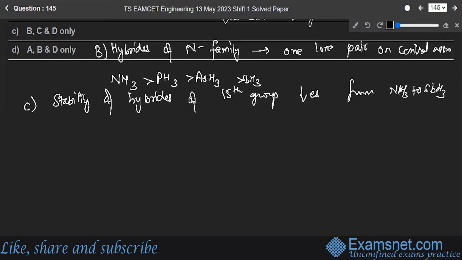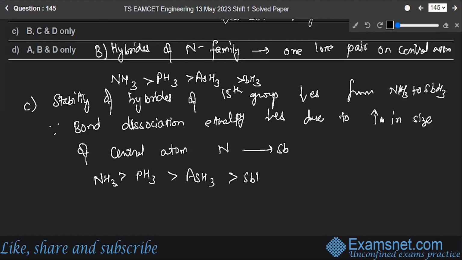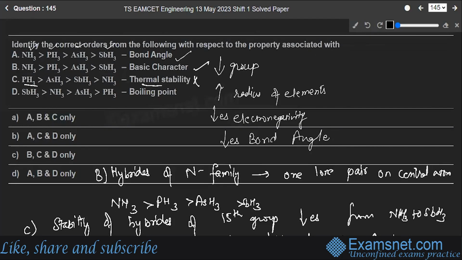This is because their bond dissociation enthalpy decreases due to the increase in size of the central atom from nitrogen to antimony. So the correct order is NH3, followed by PH3, followed by AsH3, followed by SbH3. So the third one is wrong.